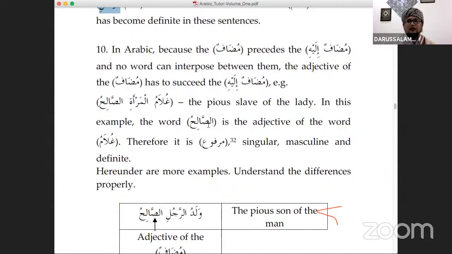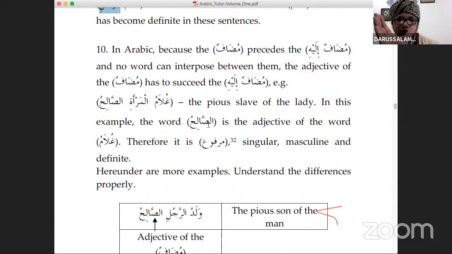What it is saying is that the mudaf and the mudaf ilayh must follow each other. The mudaf ilayh must be immediately next to the mudaf. After the mudaf, there must be the mudaf ilayh. There cannot be anything in the middle. Understand?